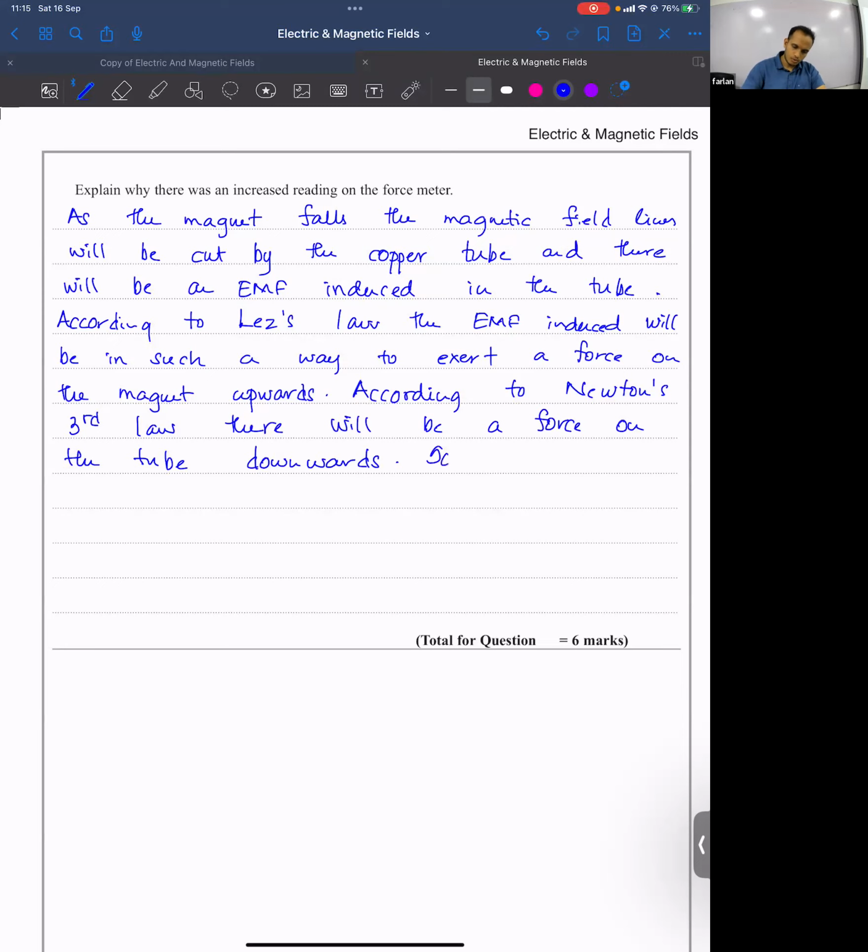Full stop. So the reading on the force meter will increase. Okay. Right.